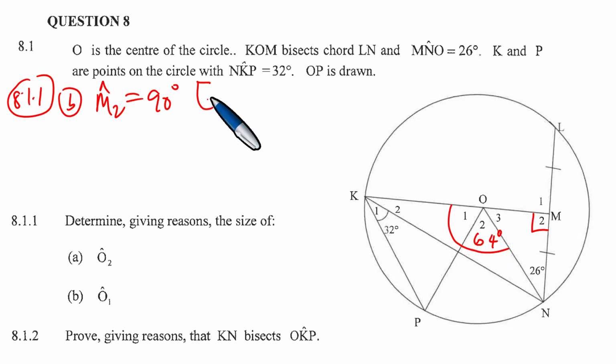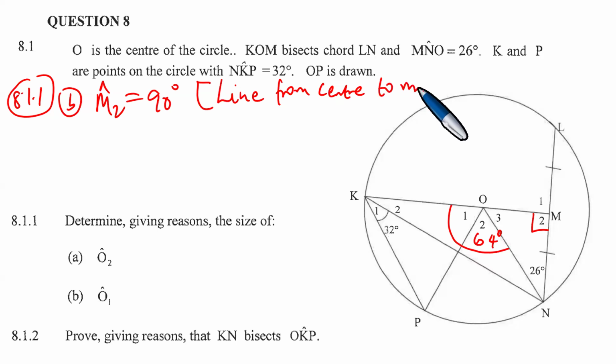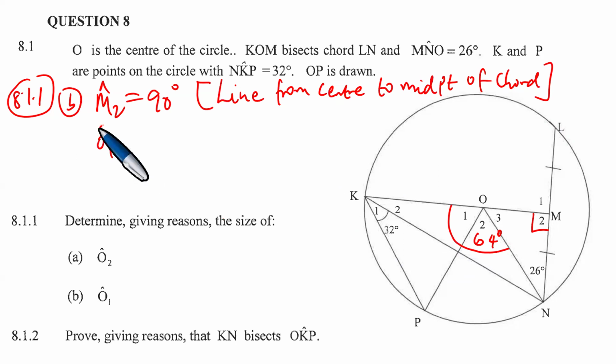And why? This is because you have the line from center to midpoint of chord. So that in the end, you need to do O1 plus O2, which is 90 degrees plus 26 degrees.